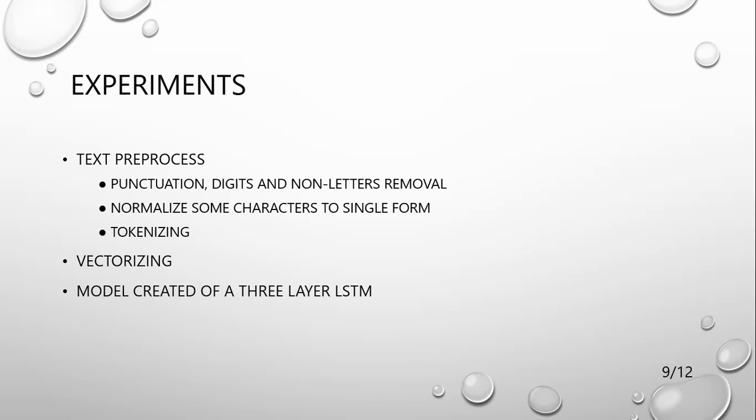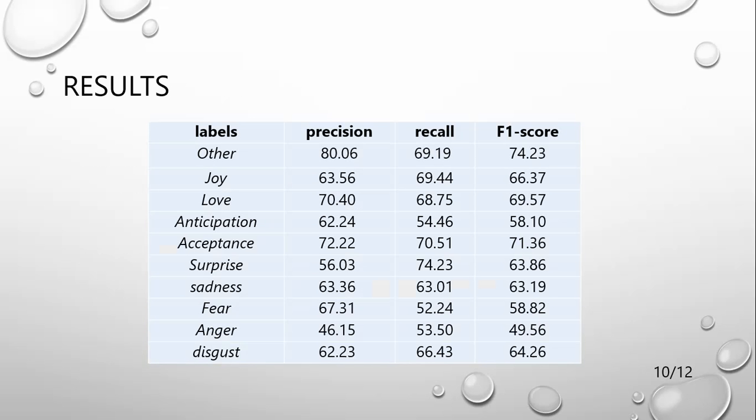The experiments were normalization, vectorization, and model creation. In the normalization, some basic preprocessing operations were done, and after that the vectorization and a model using deep learning having 3 LSTM layers.